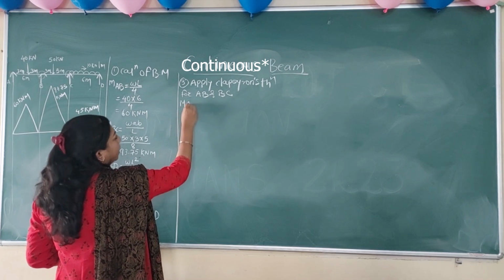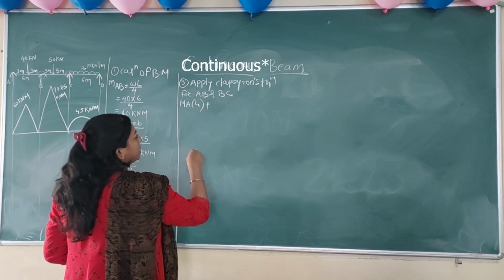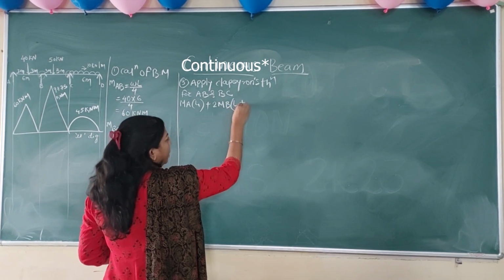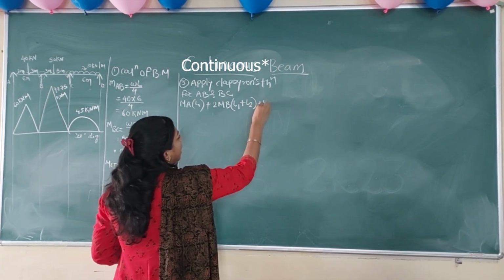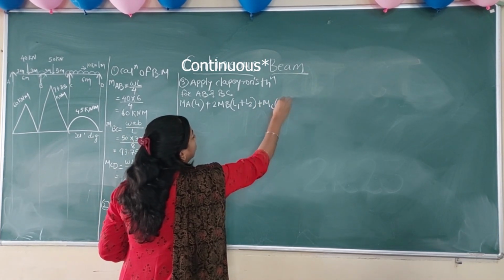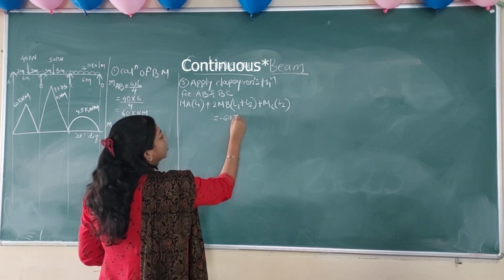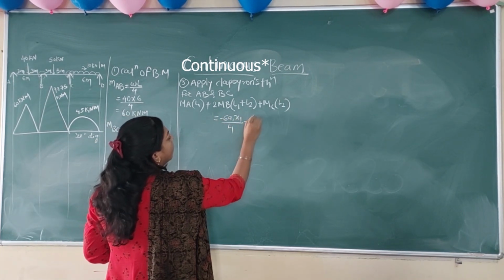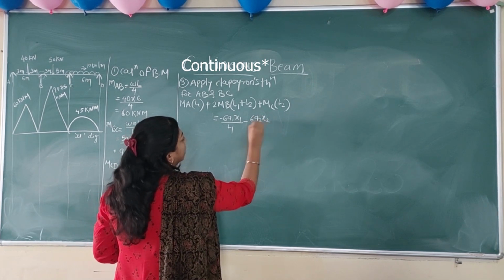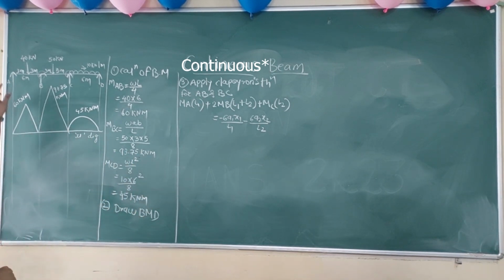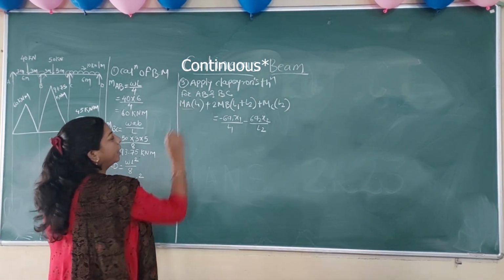The formula is MA L1 plus 2MB (L1 plus L2) plus MC L2 equals minus 6 A1 x1 divided by L1 minus 6 A2 x2 divided by L2. A is simply supported and is the last support, so at point A the moment is 0 and this term will be 0.